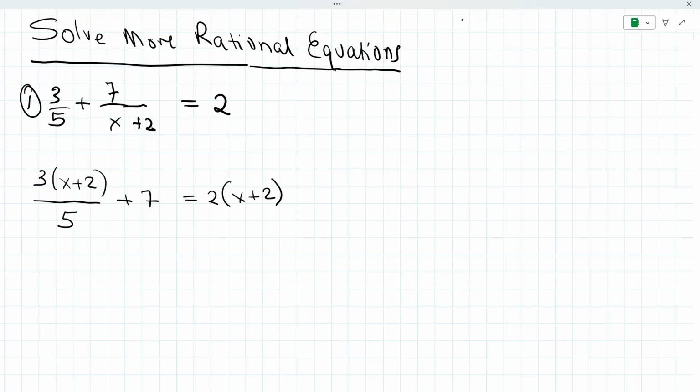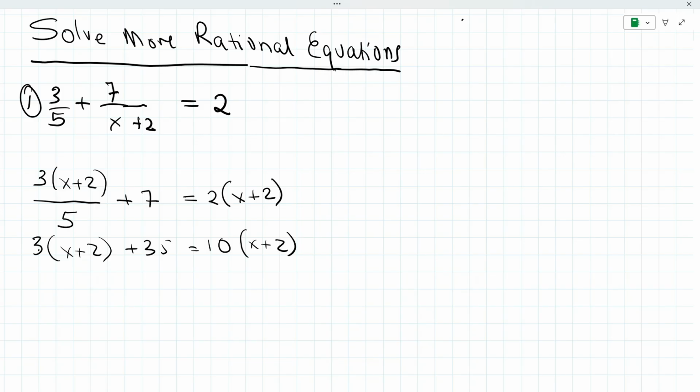Then after that, we have to multiply everywhere by 5. Once you do that, we'll have 3 into x plus 2 plus 35 equals 10 into x plus 2.